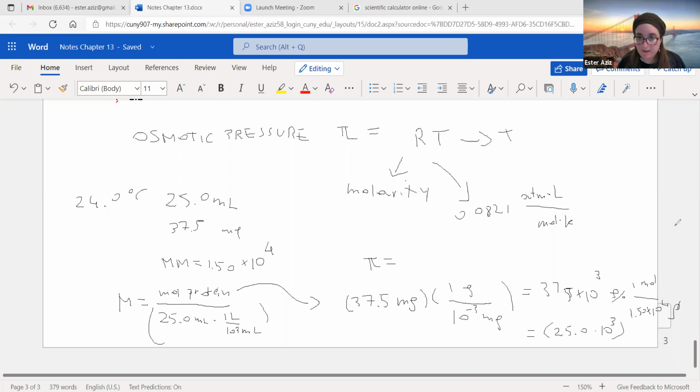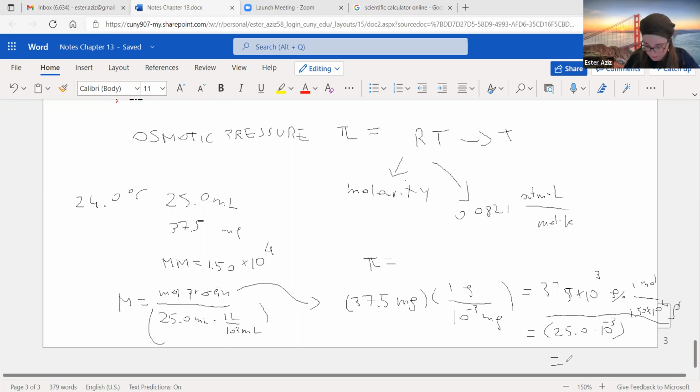Okay, so now we can calculate the molarity, because we found the moles and we found the liters. This was the numerator, and this was the denominator.